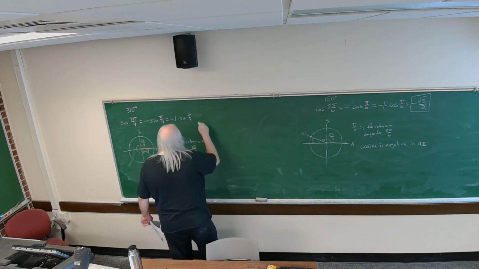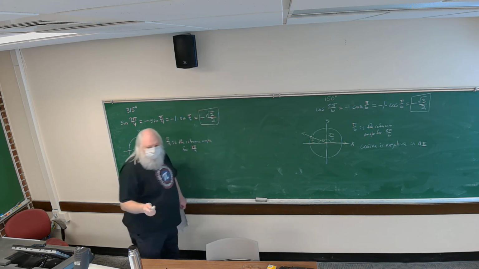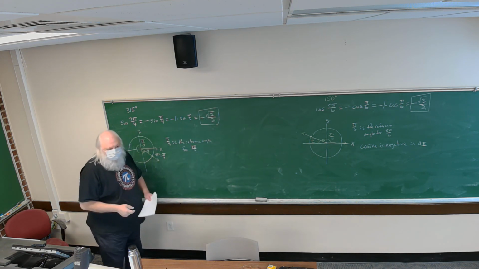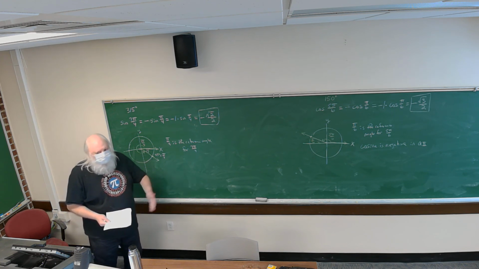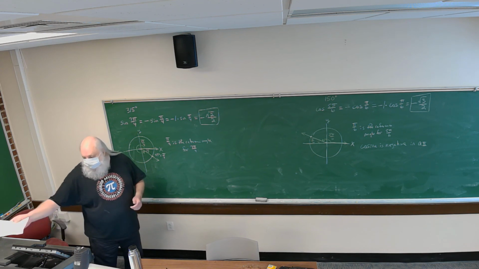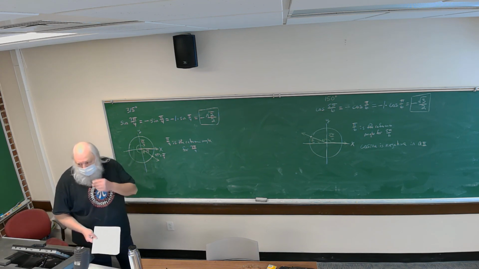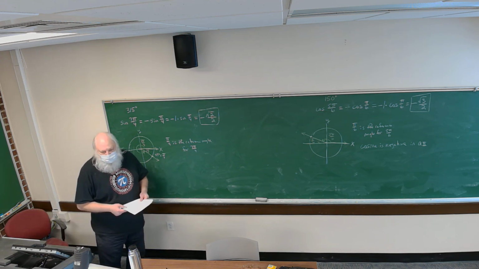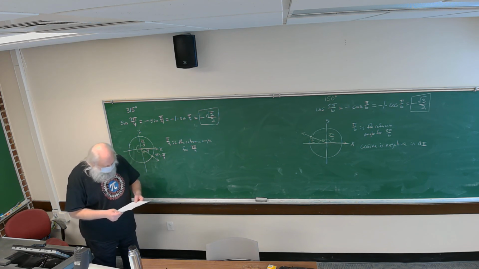And what's the sine of pi over 4 equal to? Square root of 2 over 2. That's why I wrote on there why you need to know that table, because you're going to be using those values over and over again. Or you can memorize the unit circle from high school. Whatever works for you. All right.